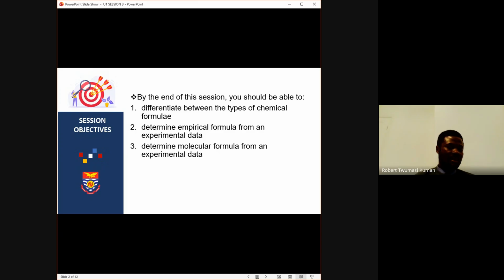So in that case, what do you do? There are 2 things for you to do. You do your qualitative determination to establish the different elements that are present in the sample. Then you proceed to do the quantitative determination. So you do the qualitative to know that, okay, in this sample we have carbon, we have sulfur.